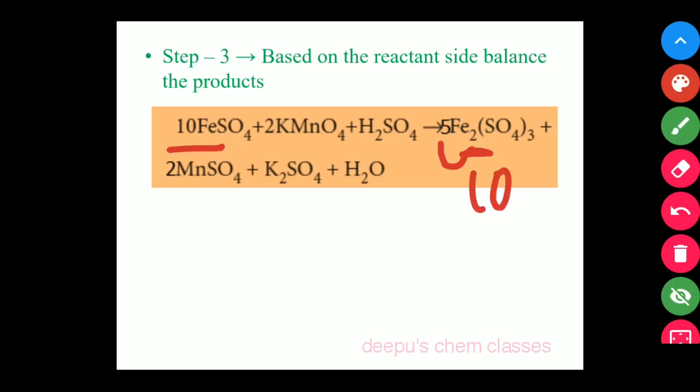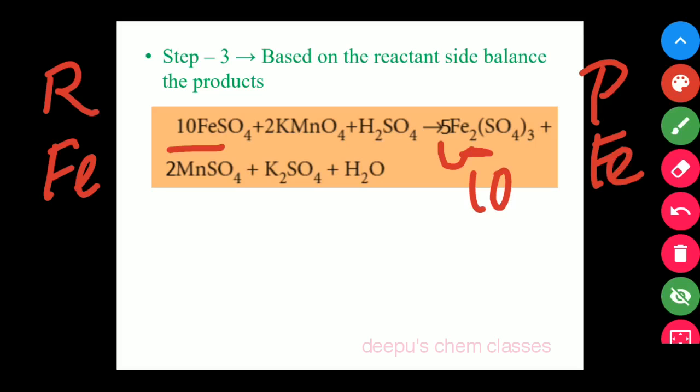Just write roughly the balanced elements, reactant side and product side. Now Fe is balanced, 10 and 10 on each side. What is the next element to balance?